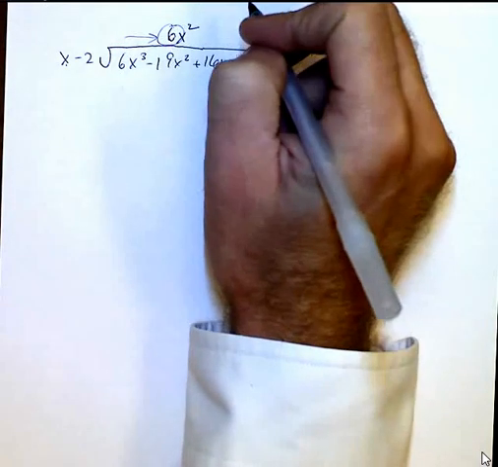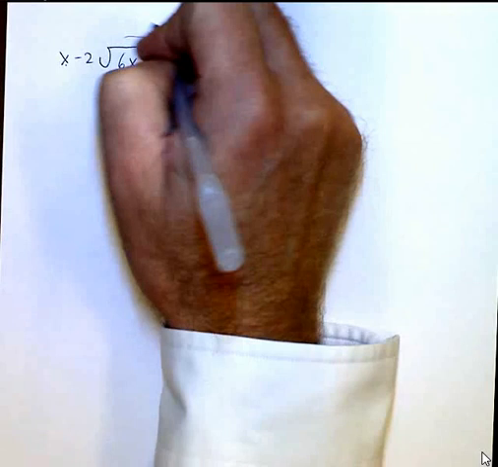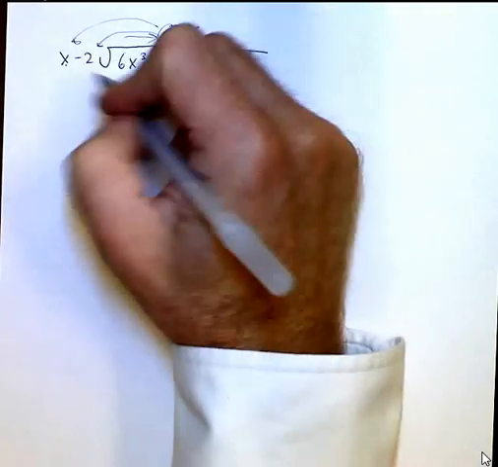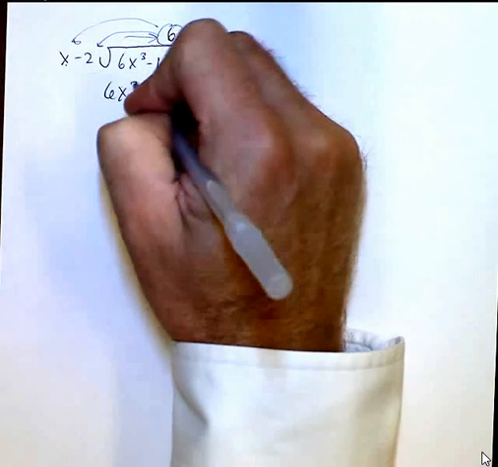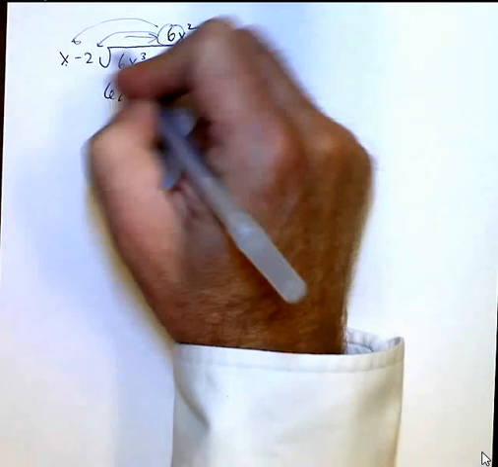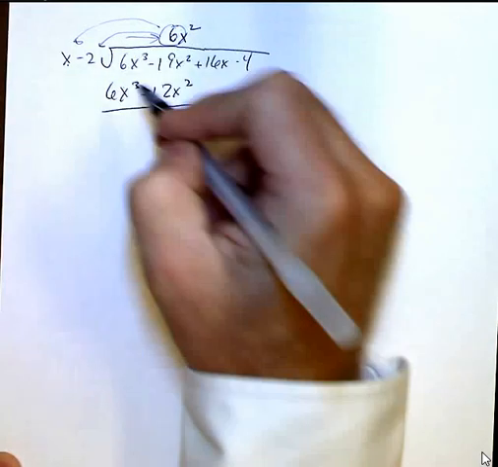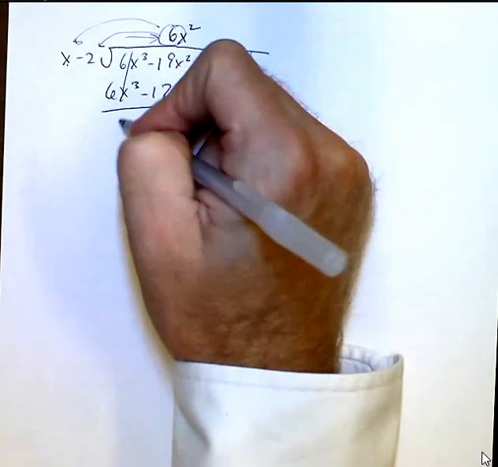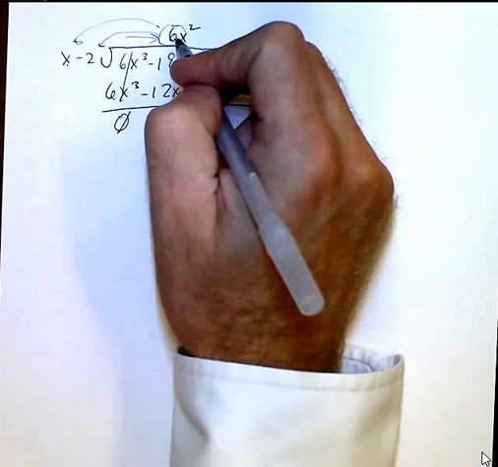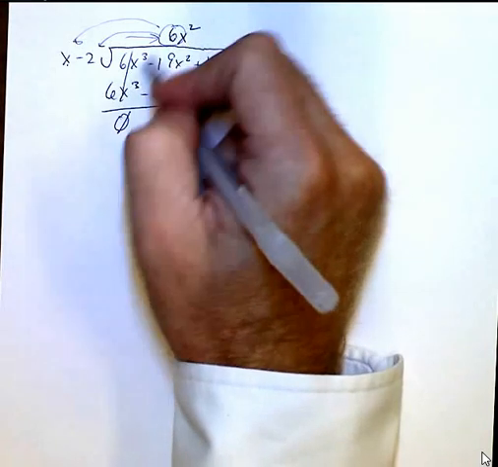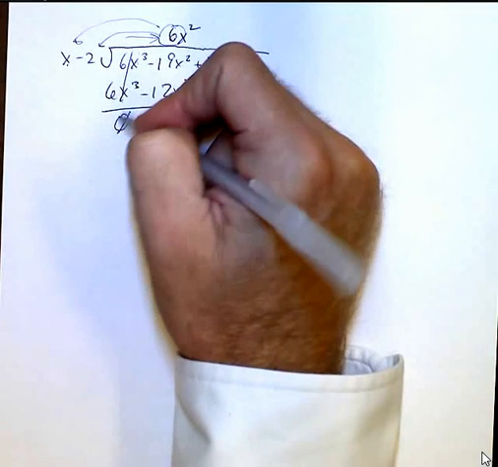And the reason I want to do that is because then when I multiply that 6x squared times the x, I get 6x cubed. And when I do the 6x squared times minus 2, I get minus 12x squared. And I subtract, and now these go away. So the decision about what I put here is based on what do I need to put there so that I get rid of, in this case, the cubic.